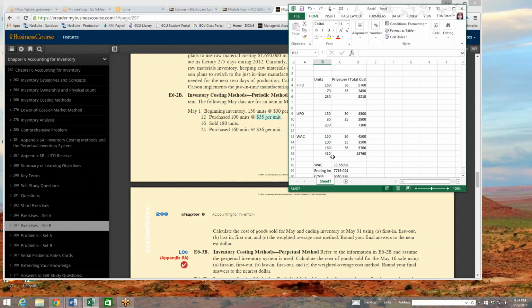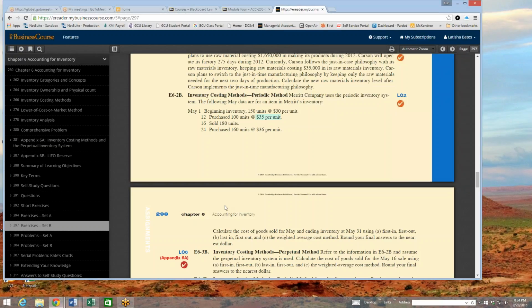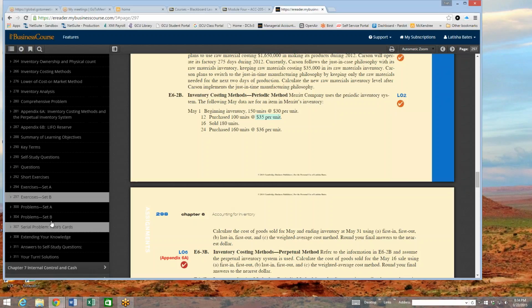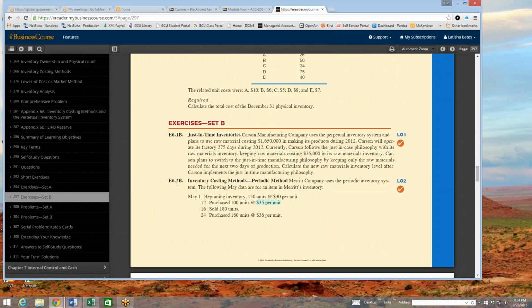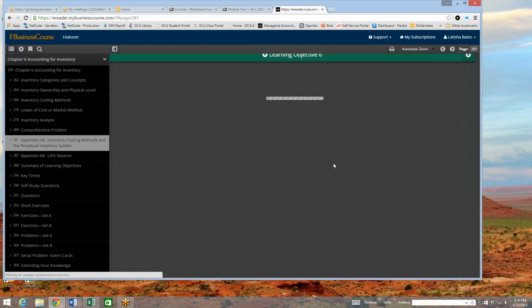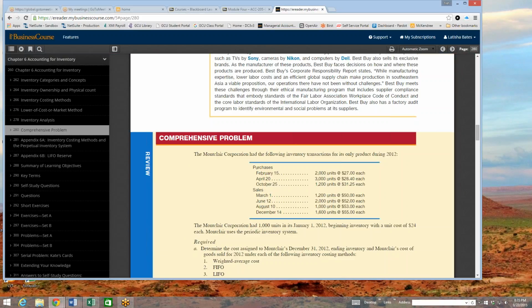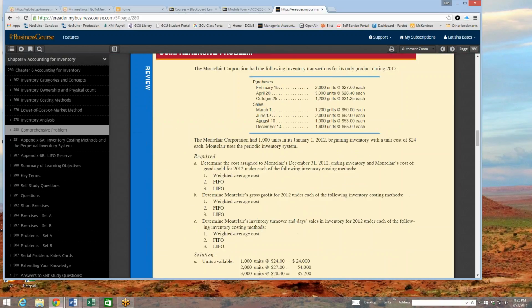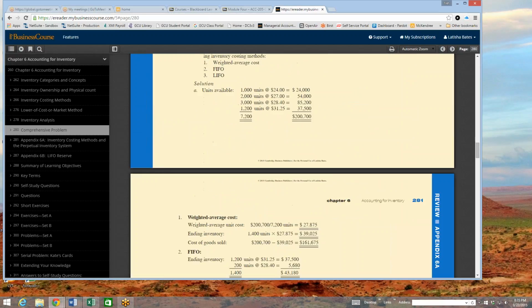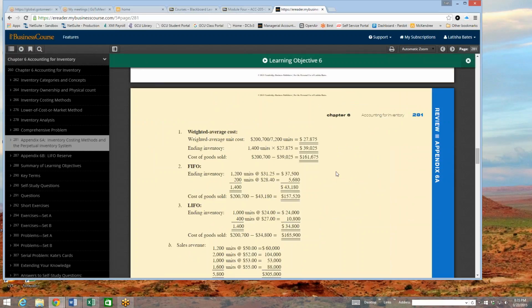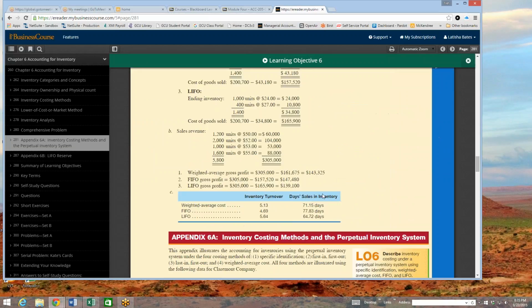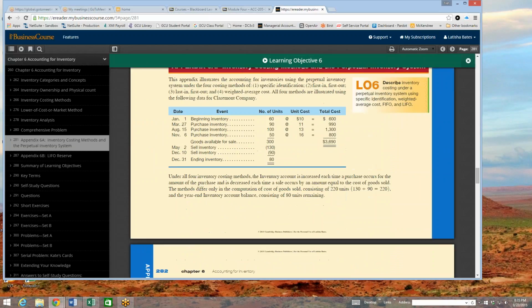Now, the perpetual method is actually explained in Appendix 6A. So if we go back here, this is explaining to you all of the calculations of the periodic and perpetual methods.